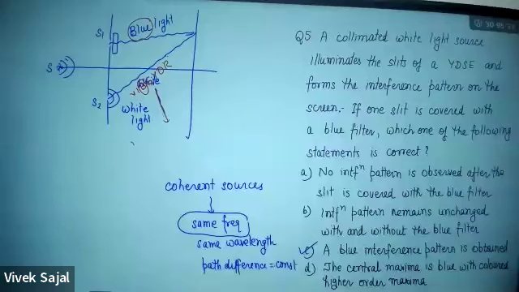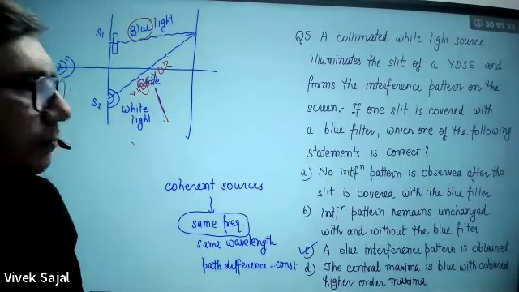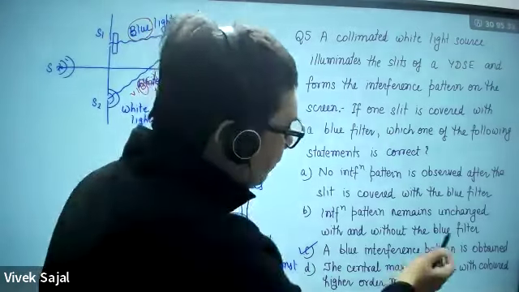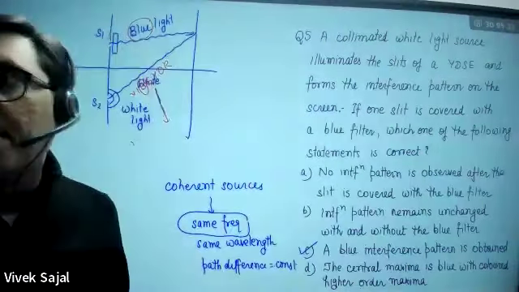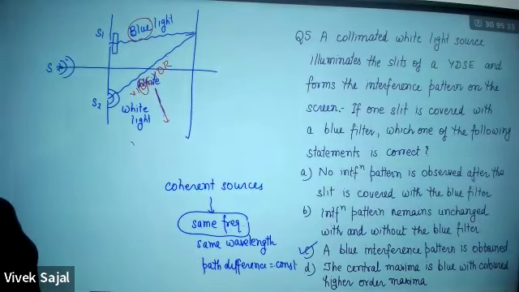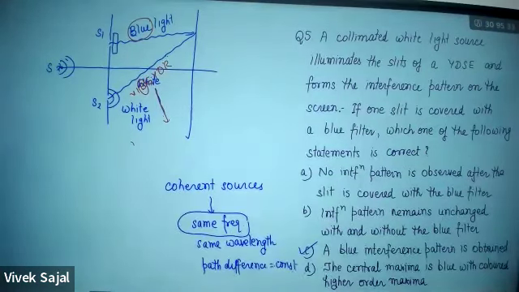Is it clear? Yes, sir. Because they are saying a blue interference pattern is obtained. That's why C is the answer. Okay sir. Next question, beta.